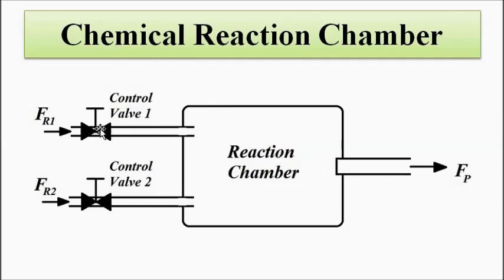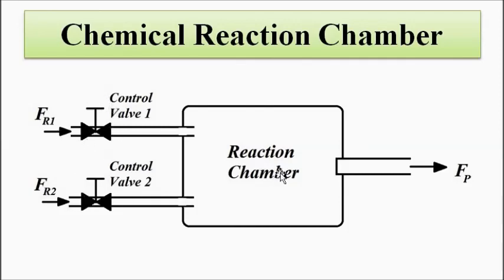So here inside this chamber, the input parameter which we control is the flow rate, the volume of reactants flowing through this pipeline into the reaction chamber, that we are controlling with the help of this control valve.